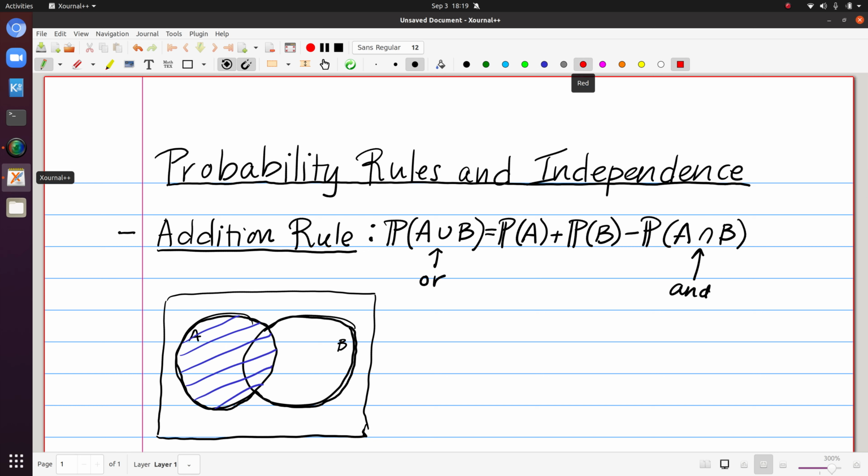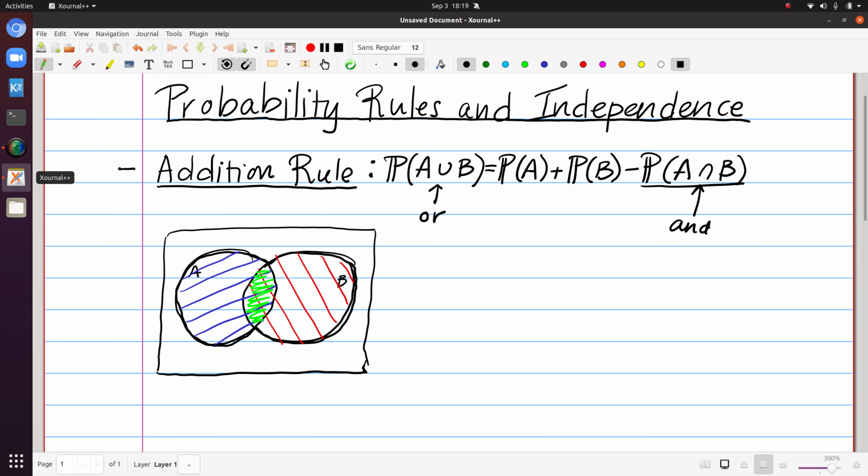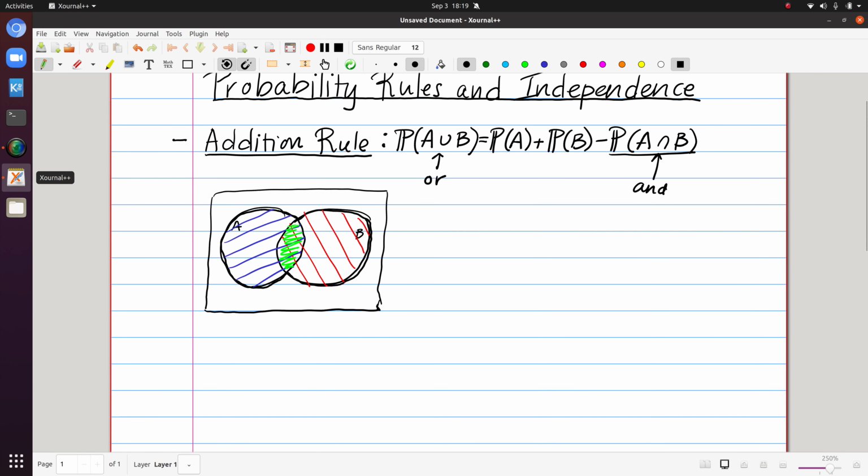And if I add up the probability of B, I'm going to add up the probability of every outcome that sits in here. But notice what happens is effectively we double counted what sits in the intersection because we counted that with A and with B, but we only want to count it once. And that's why we then subtract one of those from that sum. So we want to remember that we have to subtract the intersection.